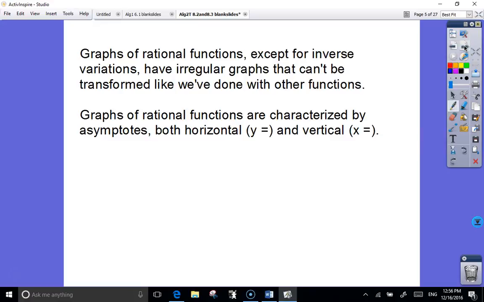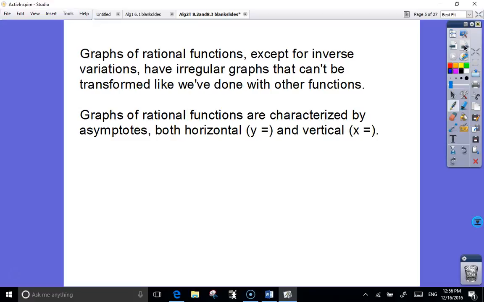So the graphs of rational functions, except for the first one we're going to do, in section 8.2, have irregular graphs that can't be transformed like we've done. So we're not going to try to graph those functions. We are going to do the inverse variations, but we're not going to graph the others.